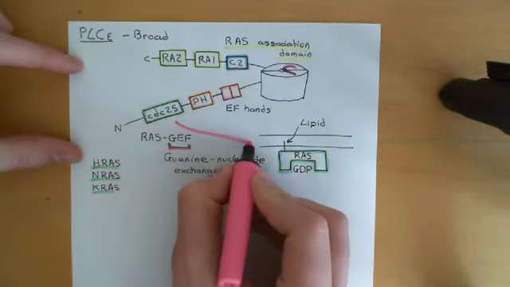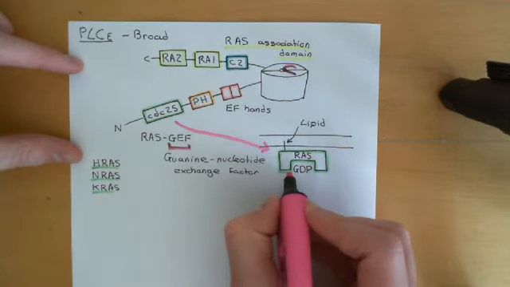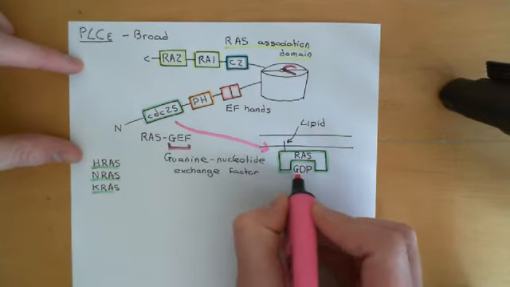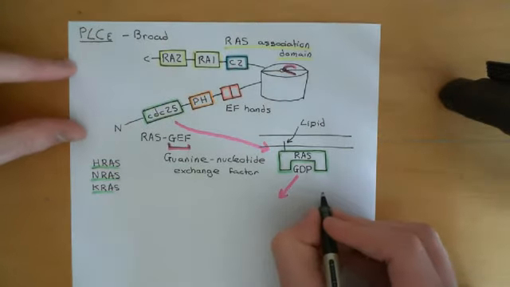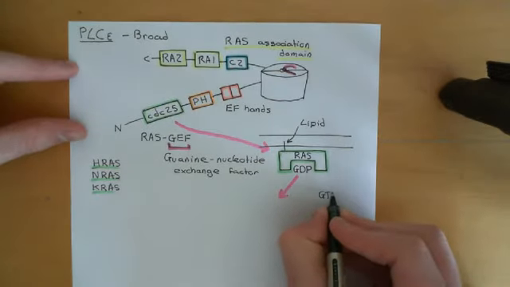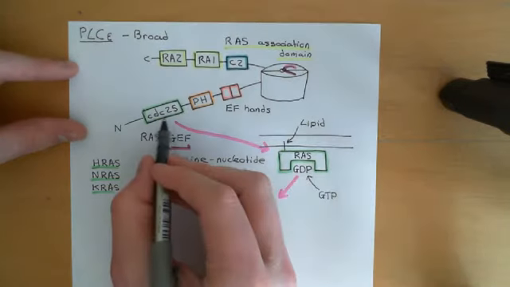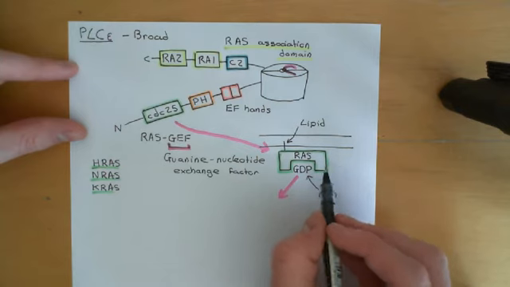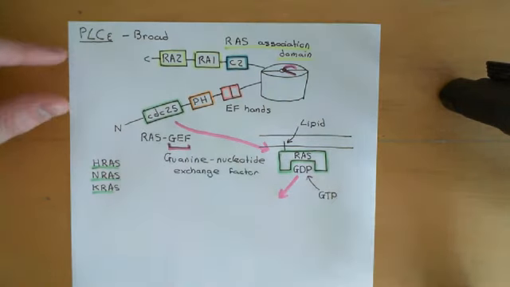Using this CDC25 domain, it can bind to the RAS monomeric G protein, and then it can catalyze the release of the guanosine diphosphate, and then the binding of guanosine triphosphate. Then the RAS monomeric G protein will cleave away from the CDC25 domain, and it will be in the on state, and then it can have all sorts of different signaling roles.